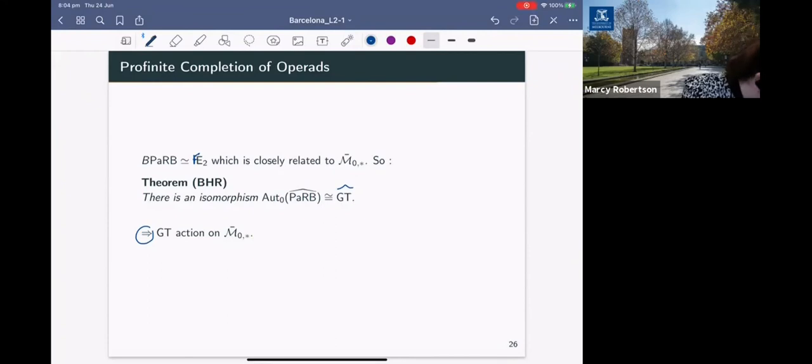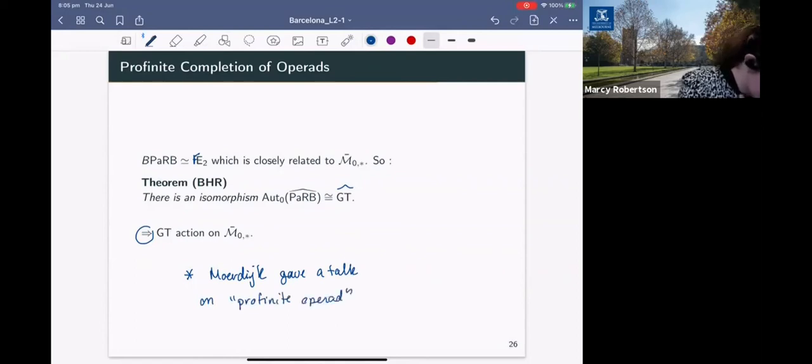I also wanted to point out that about two weeks ago, Ieke Moerdijk gave a talk at this exact program, in the seminar for Carlos' birthday, on what is a profinite operad.